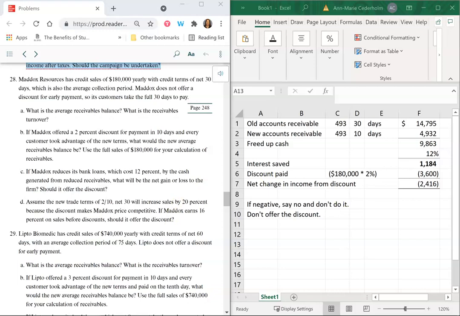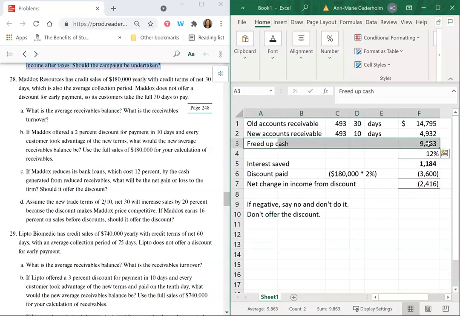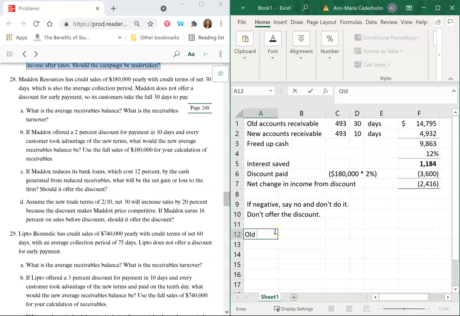So we're going to do a very similar template to what we did previously by trying to figure out what this new freed up cash is going to be. So I'm going to do my old accounts receivable, and I'll calculate this again for you just because we did it in the last video. My old accounts receivable was the $180,000 of yearly sales.